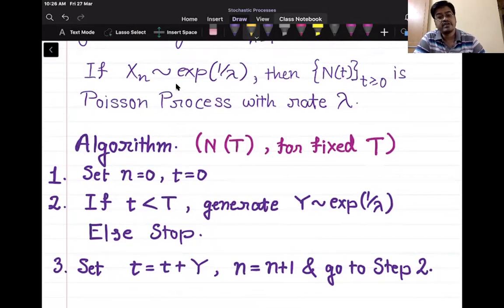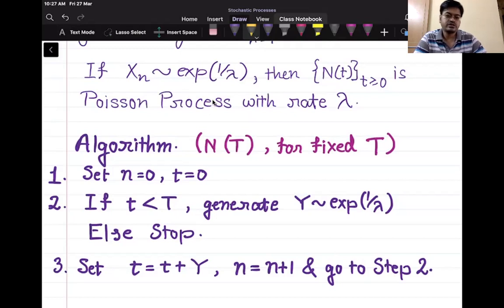So whenever you simulate each Xi, at that point in time one event must have occurred. Correct? So the first simulation of X1 will give me N(t) equal to 1. Whenever that value is reached, N is equal to 1. This way you will continue till you reach the capital T, which is fixed.